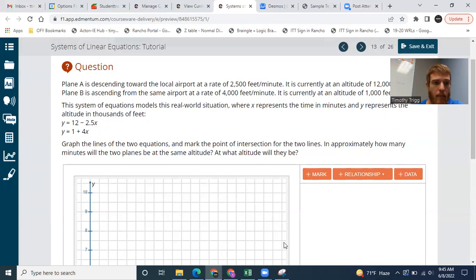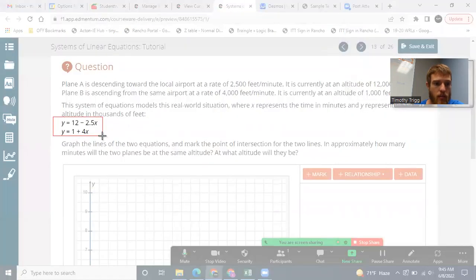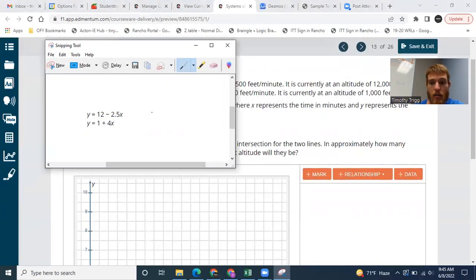In actuality, I'm going to rewrite these equations a bit so that they're in the y equals mx plus b form. This is the slope-intercept form. Let's go ahead and write these equations accordingly. So instead of 12 minus 2.5x, I'd rather write it as y equals negative 2.5x plus 12.